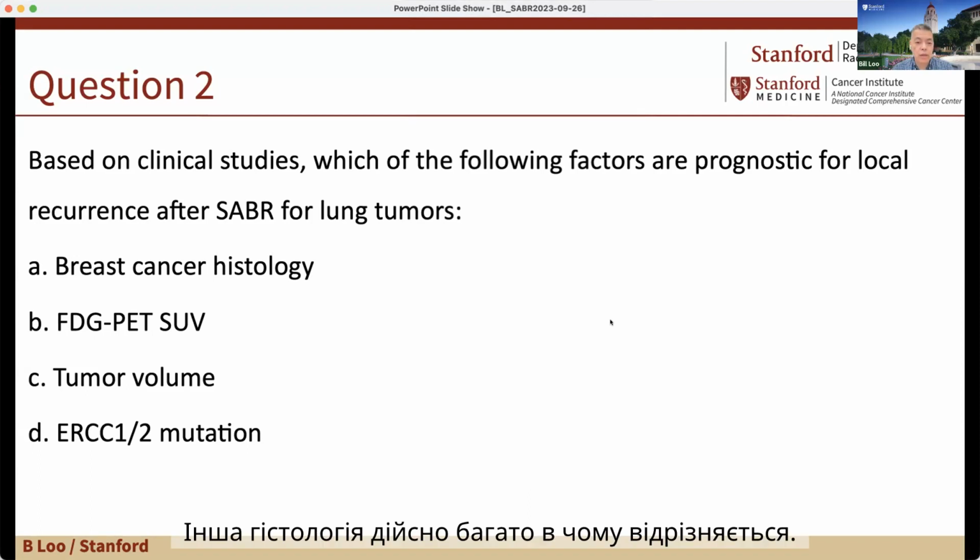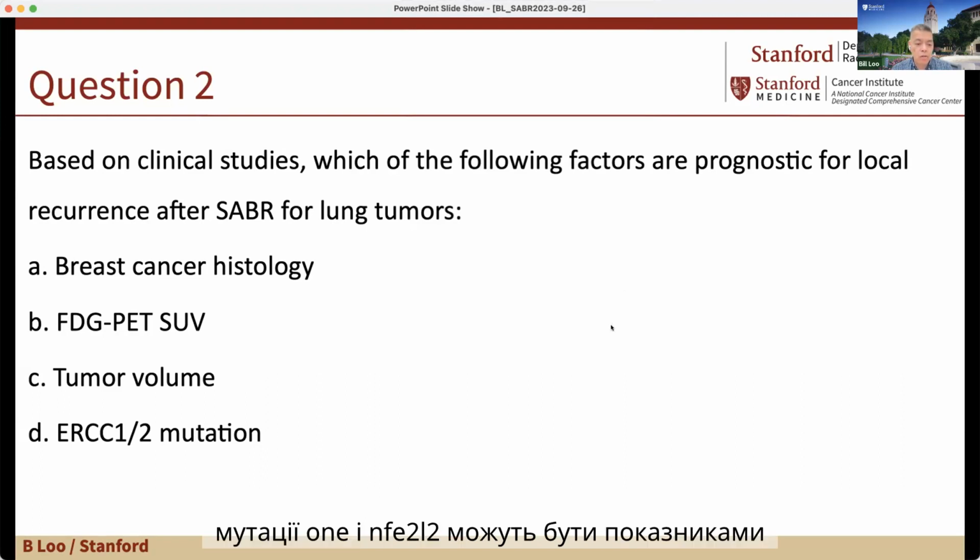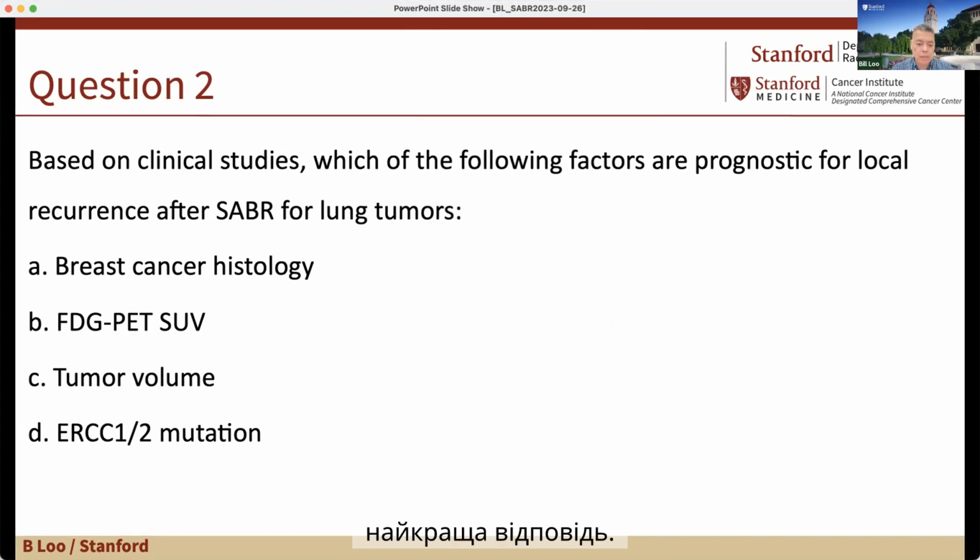Other histologies really, in multiple different series and analyses, do not stand out as different from each other. And some newer data on mutations from Max Dean's group suggests that KEAP1 and NFE2L2 mutations may be indicative of radioresistance. So that's the best answer I would say at this point for this question.